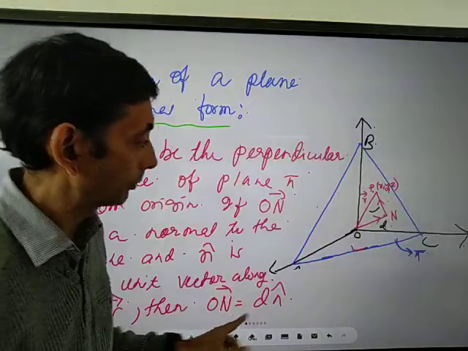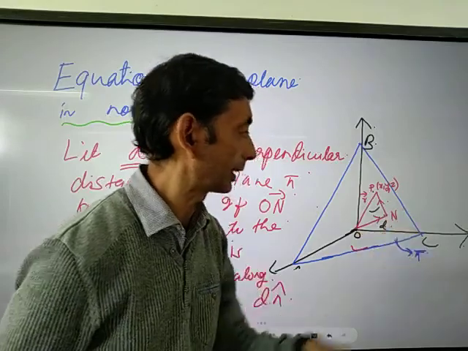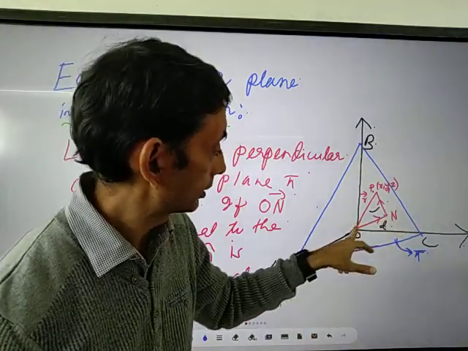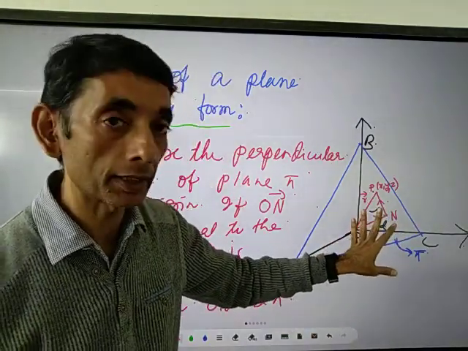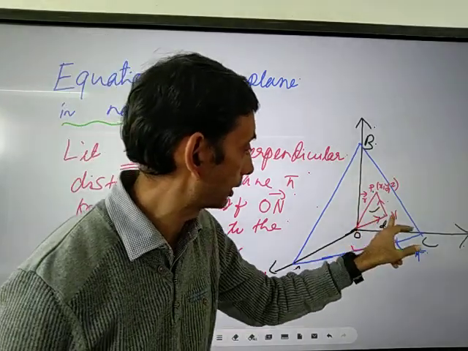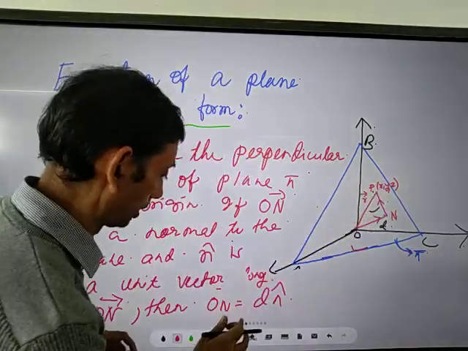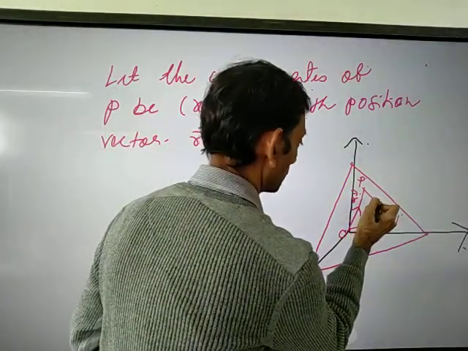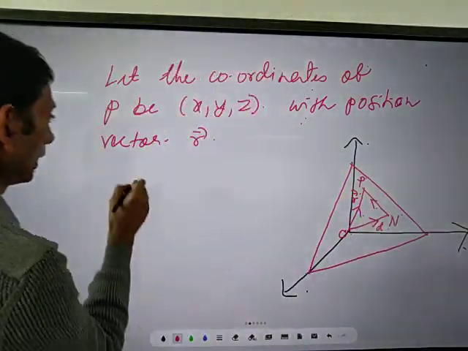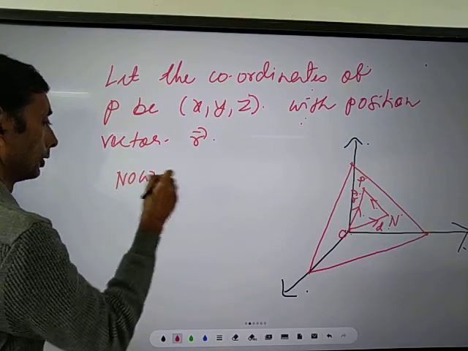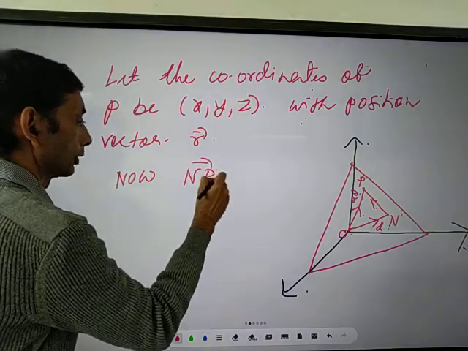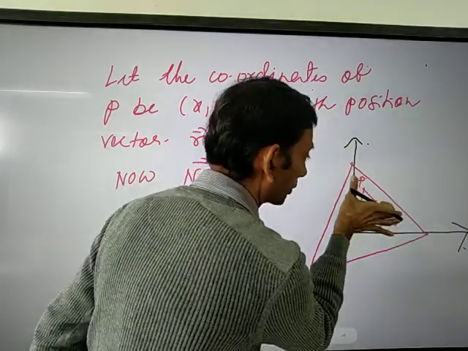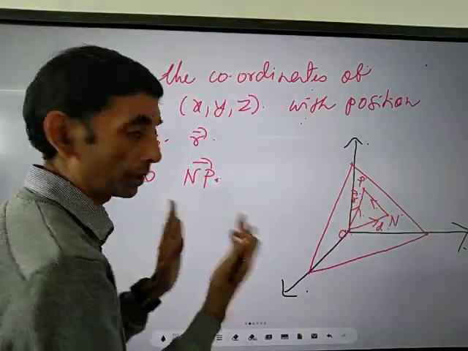Okay, so vector ON can be written as D n cap. Now this ON is perpendicular to the plane, therefore naturally this ON will be perpendicular to NP. So yes. Now, since ON is perpendicular to the vector NP, their dot product is 0.